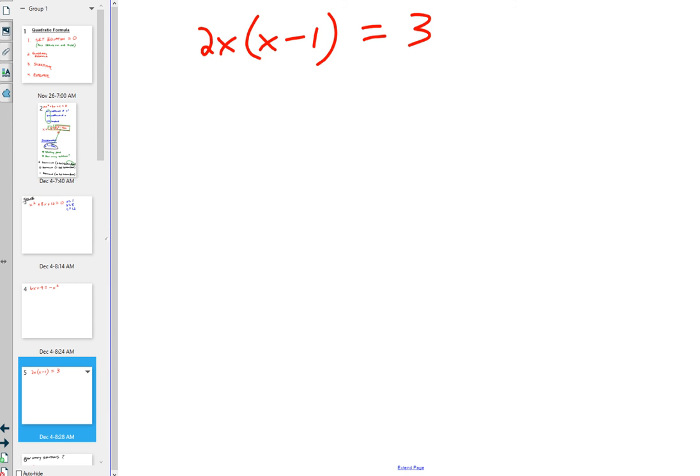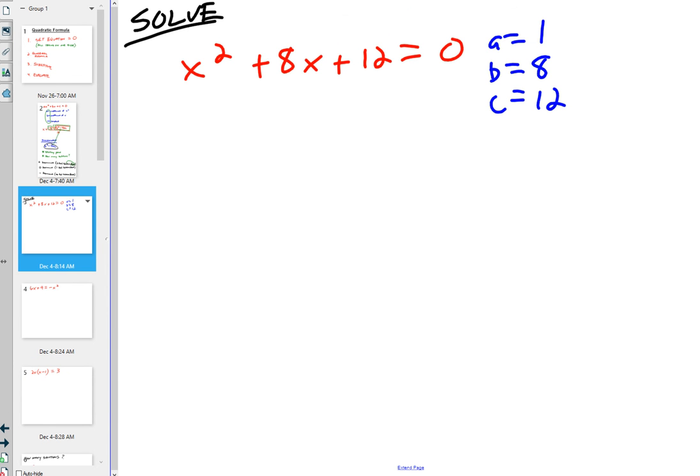Because the equation is already equal to 0, we can identify A, B, and C, but we're not going to use these to factor. We're going to just plug these into the quadratic formula. The first part of the quadratic formula, and it's really sad because people like negative B, right?